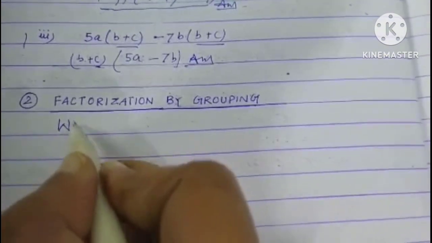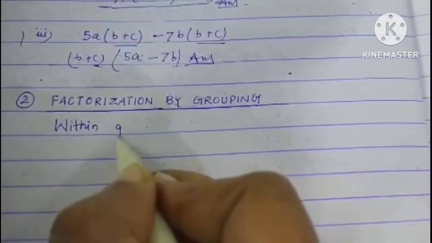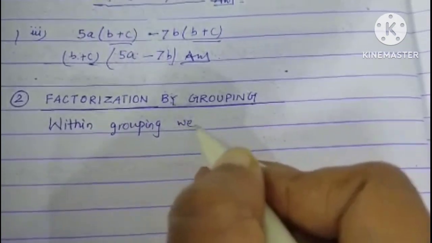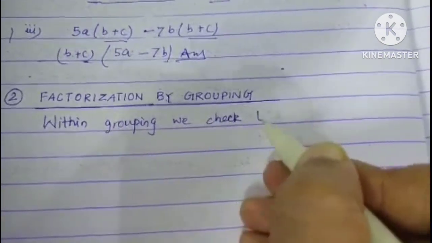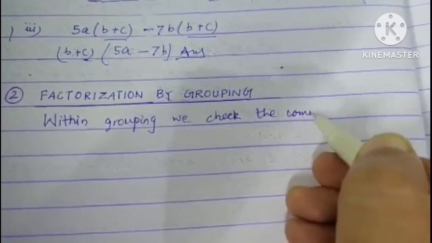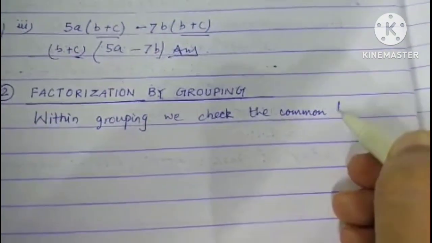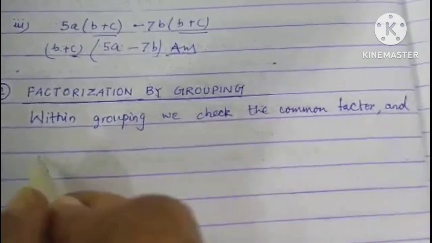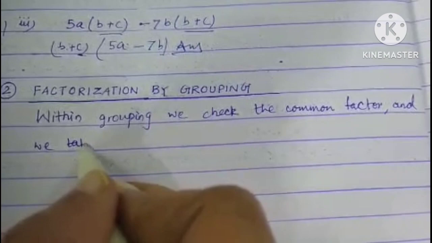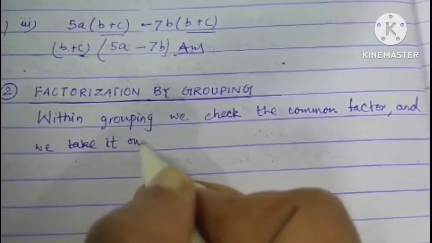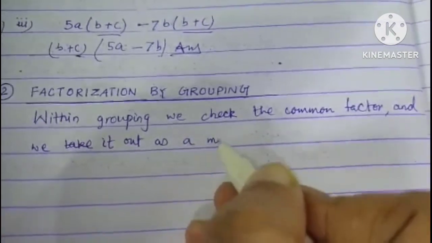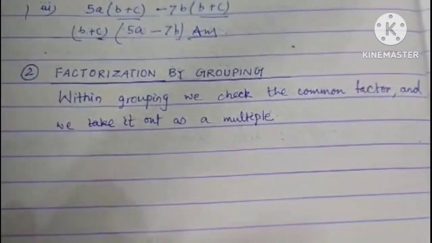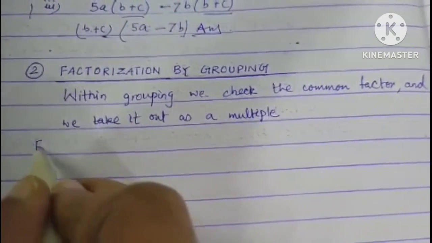Within grouping we check whether there are common factors or not, and we take it out as a multiple within grouping, and then we do the factorization. Okay, so let us take the example.